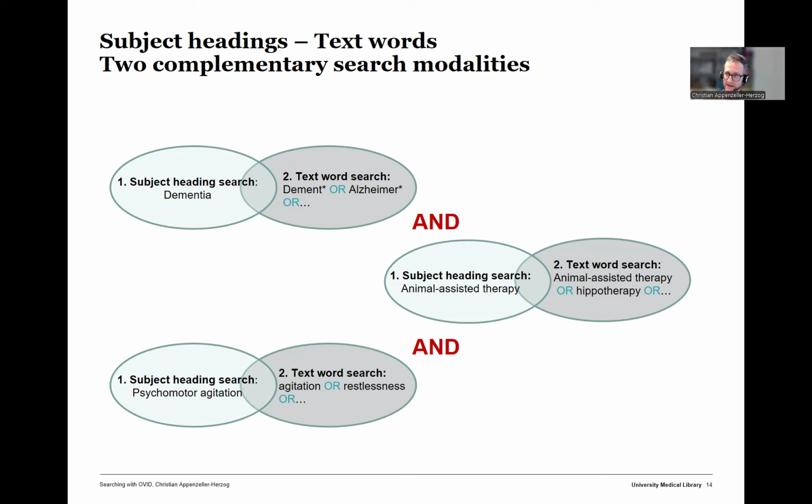And the aim in the end, in order to do a comprehensive search, is to search for dementia using subject headings and text words, combine these searches with an OR, and then add the other two concepts, each with a Boolean AND. Okay, so this slide actually represents the structure that we would like to achieve in the very end.